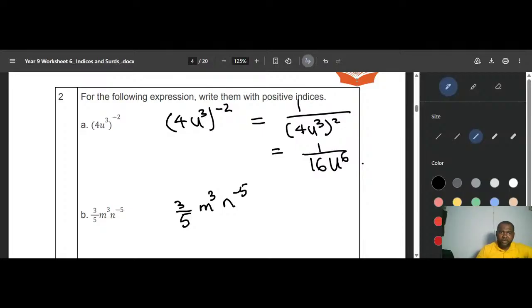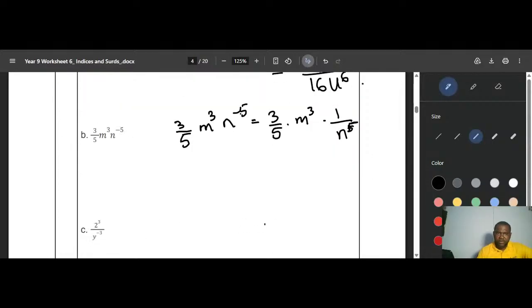Okay, let's see the second one. The second one is 3 over 5 times m cubed. N raised to power minus 5 means 1 over n raised to power 5. So that means the final answer is going to be 3m cubed over 5n raised to power 5.